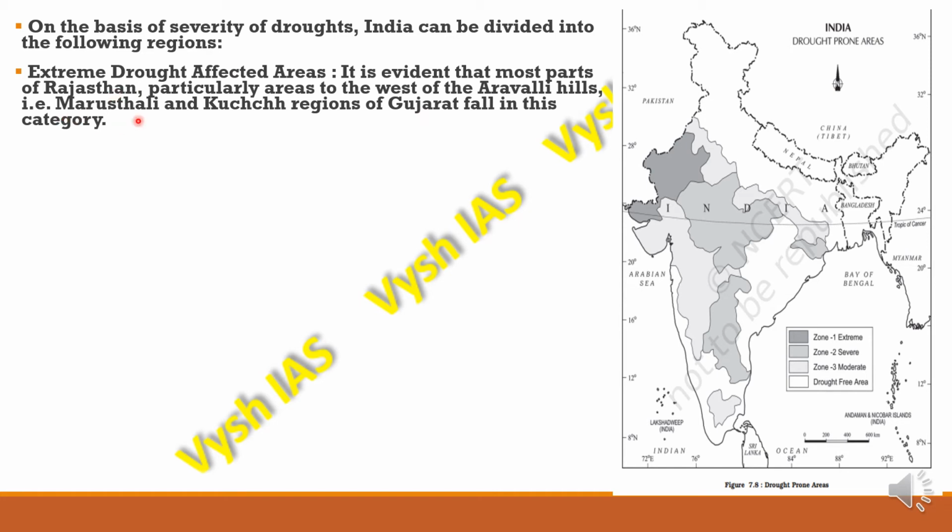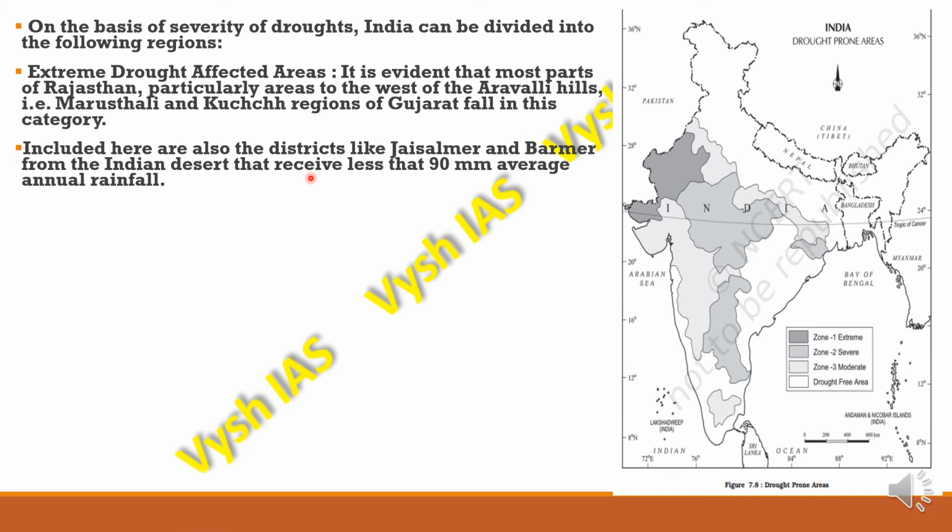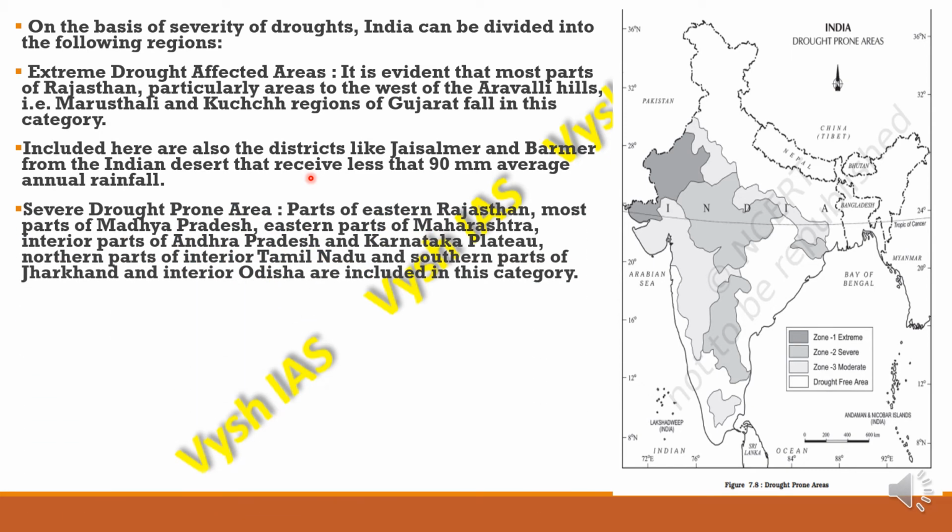The Marusthali and the Kutch regions of Gujarat fall in this category. Districts like Jaisalmer and Barmer from the Indian desert that receive less than 90 mm average annual rainfall are also included in this category.